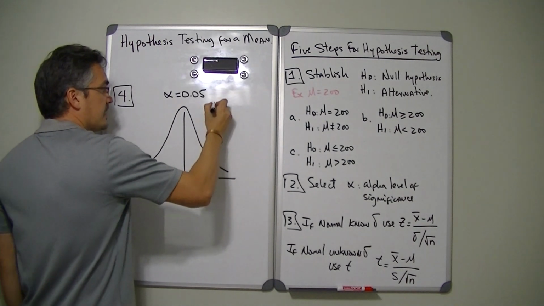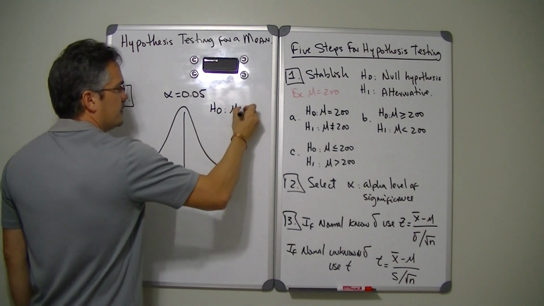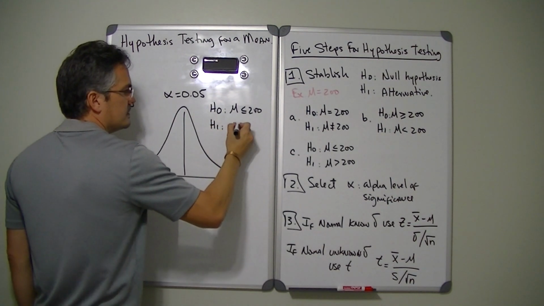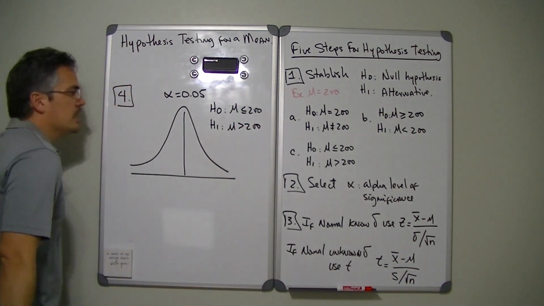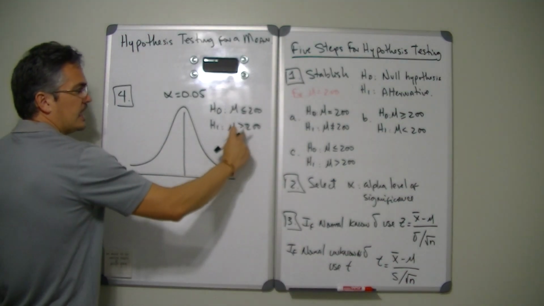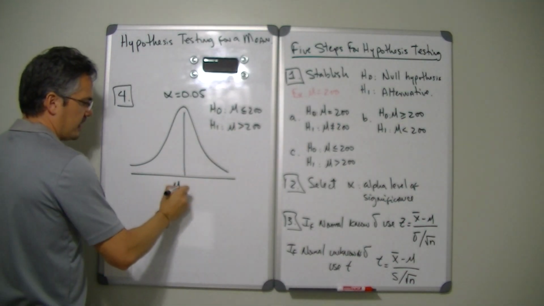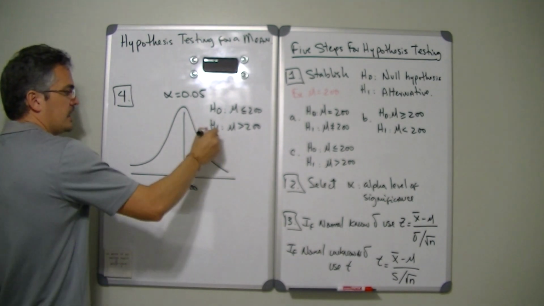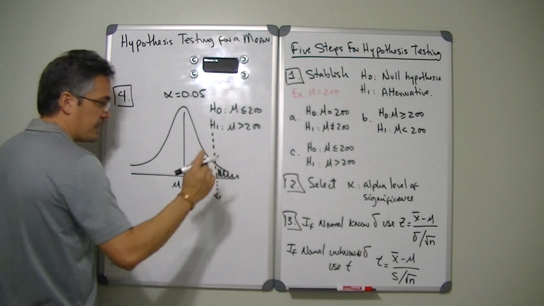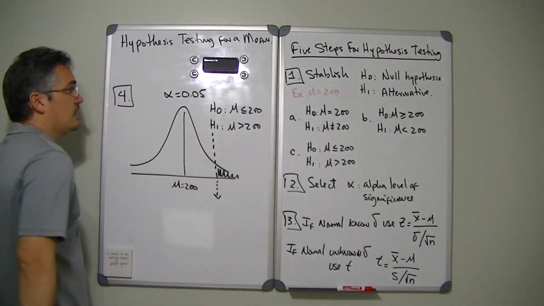If we set it up like this, where H0: mu less than or equal to 200, and my alternative hypothesis is mu greater than 200, then we create a rejection area higher than the center. My center in this case is at 200, and I'm going to create my rejection area and find my critical value right there, and I'm going to reject on anything higher than that.